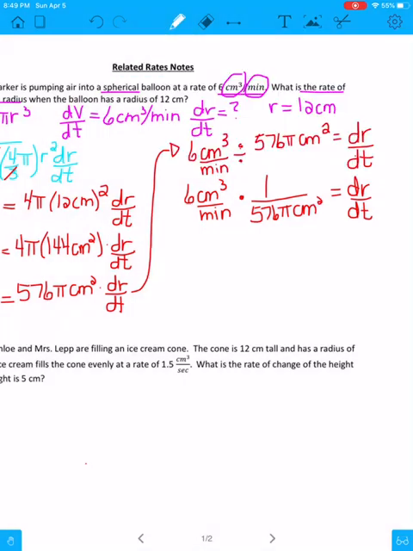Centimeter squared cancels off 2 of these. And then I'm going to get 6 divided by 576, which is 1 over 96. So if I reduce the fraction, 6 divided by 576, I get 1 over 96. The pi is still there, and my units that are left over are centimeters per minute.